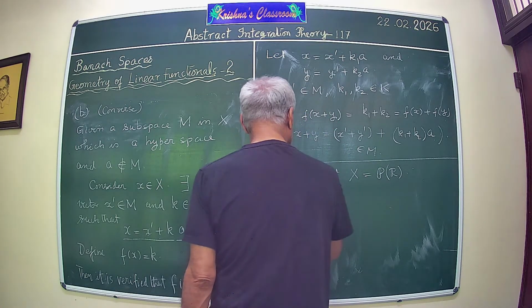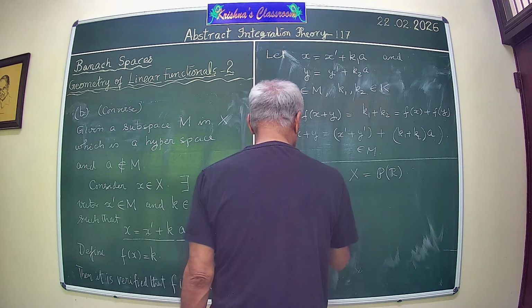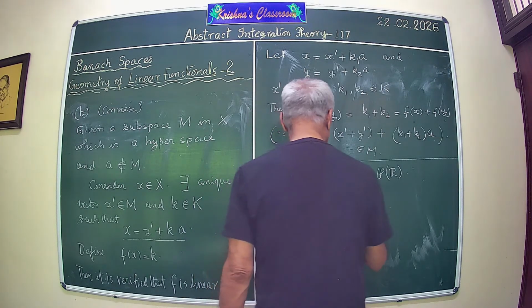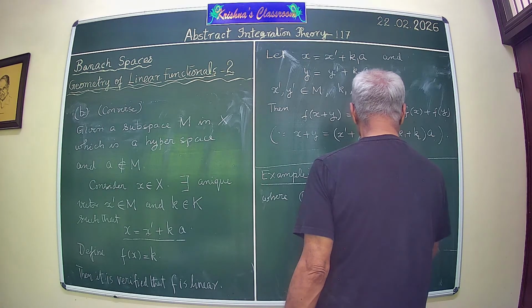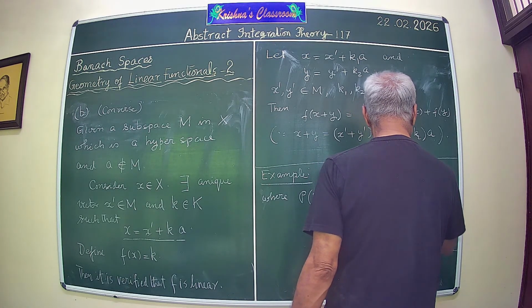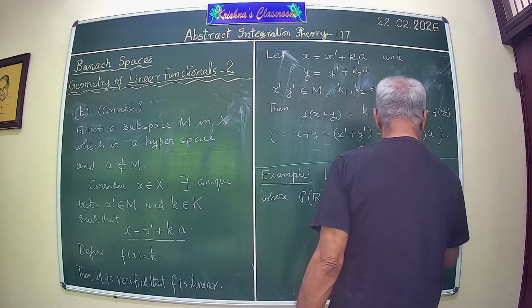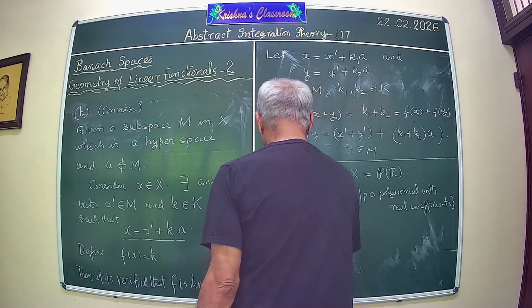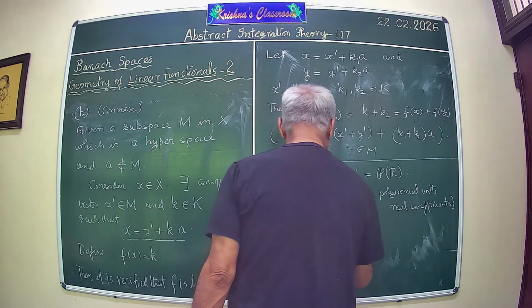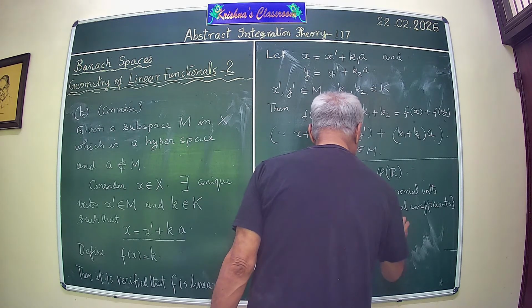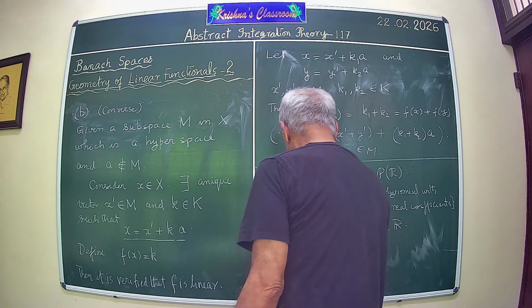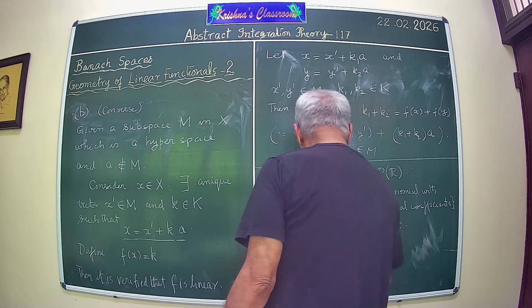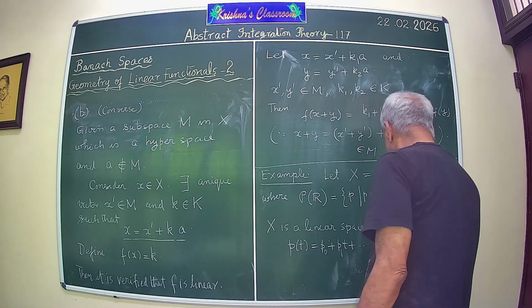A set of all polynomials, when X is a linear space, now any P is of the form ... t to the power n.